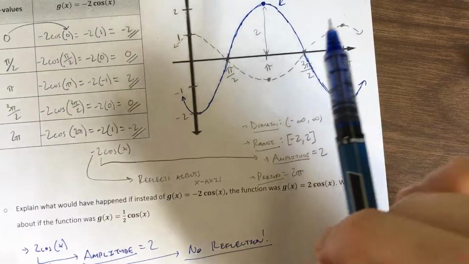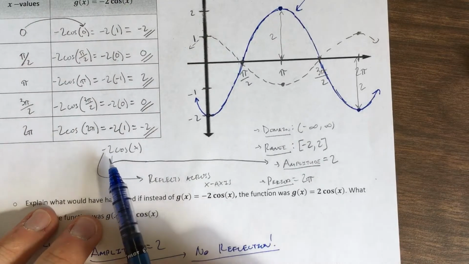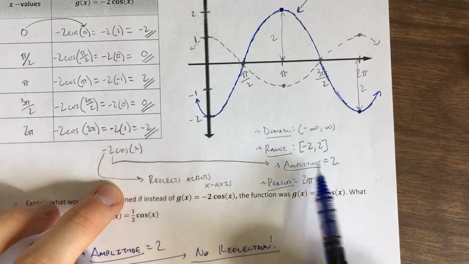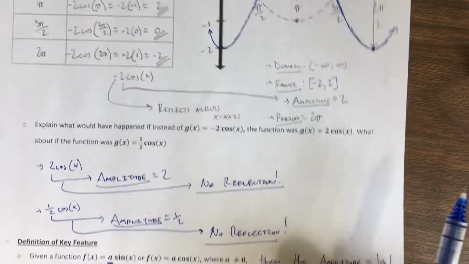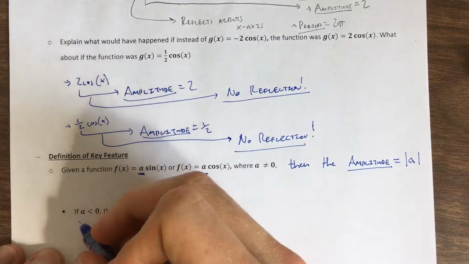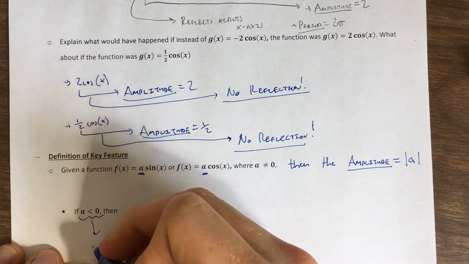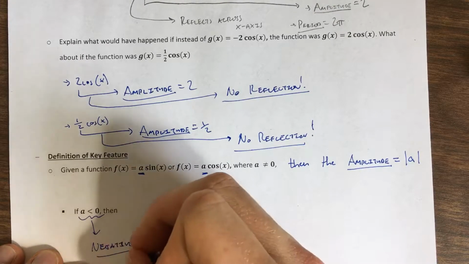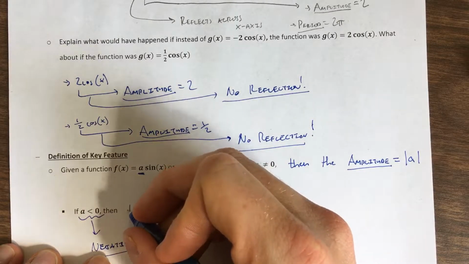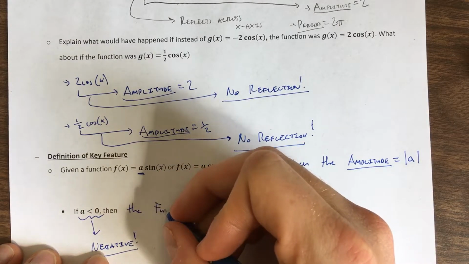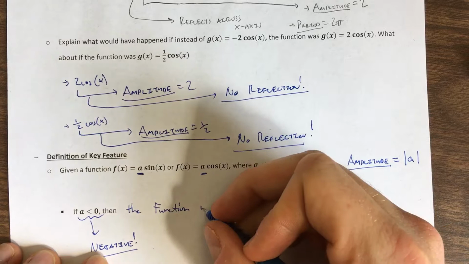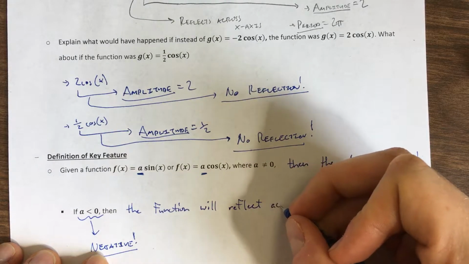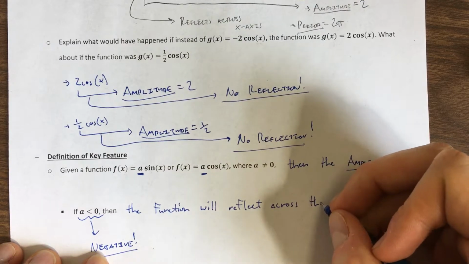However, if we multiply our parent function by a negative value like we did here, the amplitude is positive 2, meaning we're taking the absolute value of -2 to get the amplitude. And if a is negative, being less than 0, then the function will reflect across the x-axis.